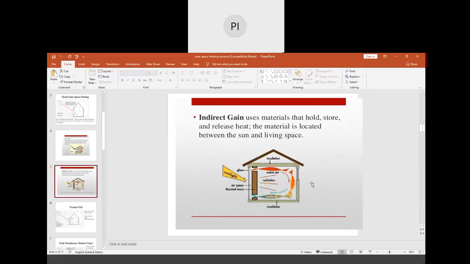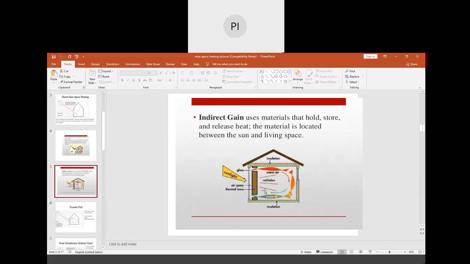In this way, this is one simple technique. We are not using any pumps or fans. We are simply using a simple arrangement, keeping a glass door and a thermal mass substance.